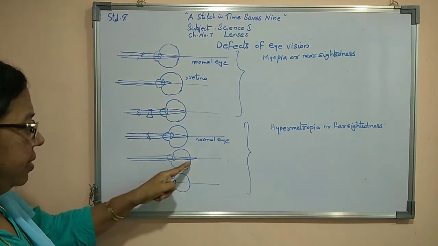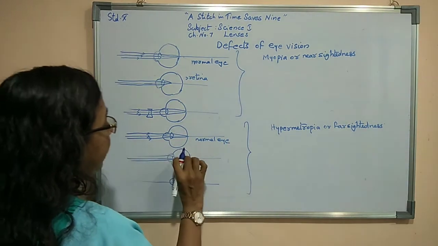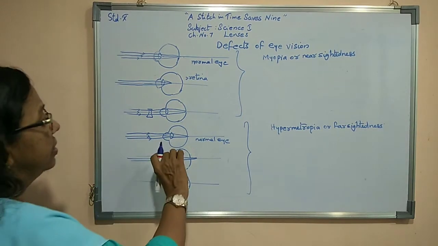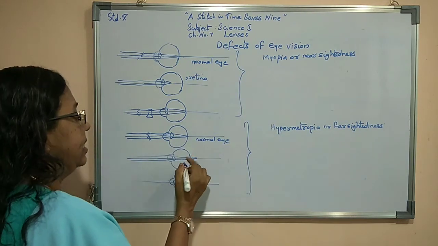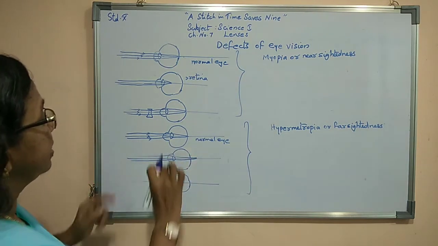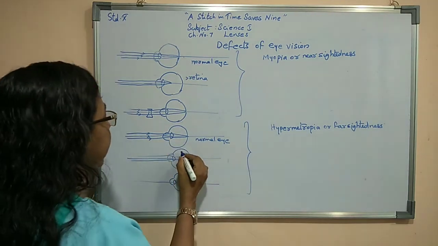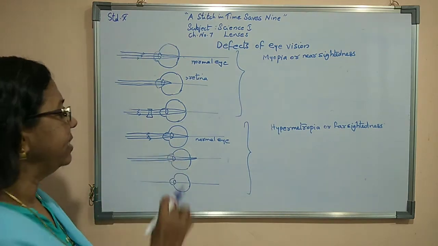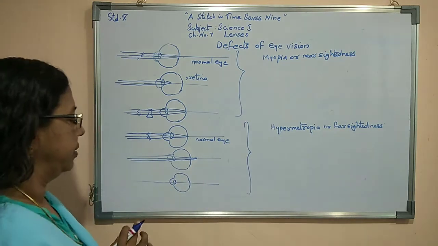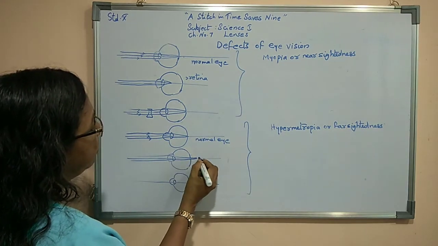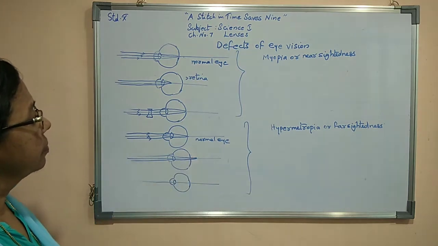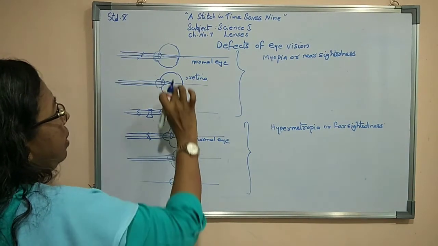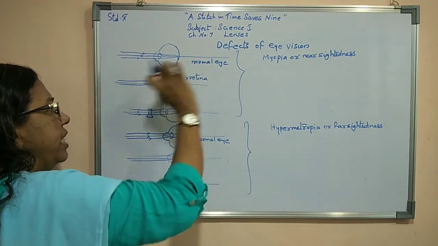The rays falling on the eye lens are converging, but the problem is that the eyeball flattens. As a result of it, its length reduces. So, as a result of it, image formation is taking place beyond the retina. Here, this is the normal eye. But here, the length of the eyeball increases.